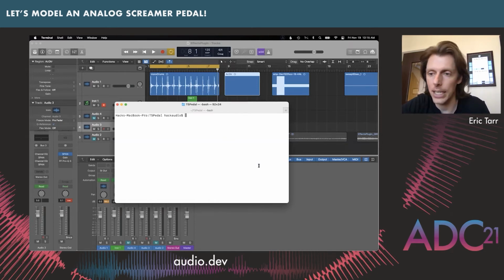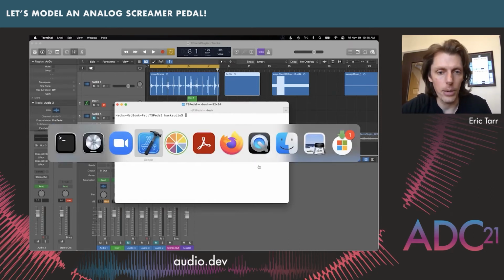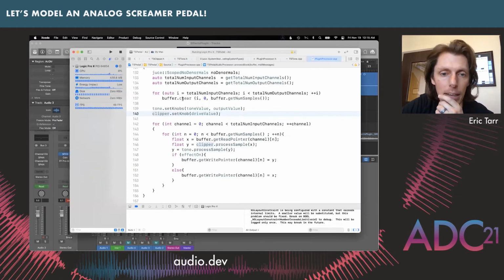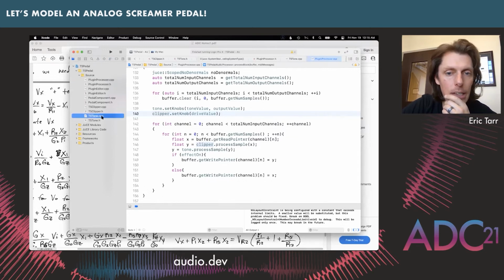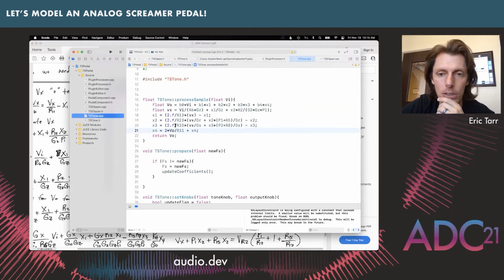There were a couple of things that came up in the chat that I think are important. In the tone section, I just implemented a mono version in the completed plugin, so just be careful of that. If you want to do stereo, you would just have to pass in that channel.